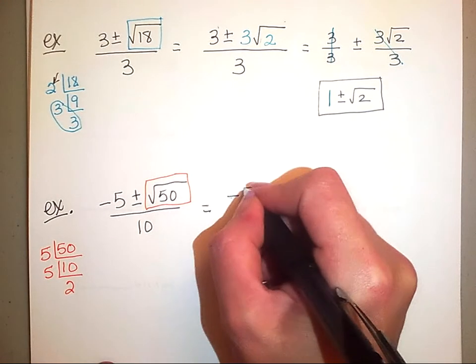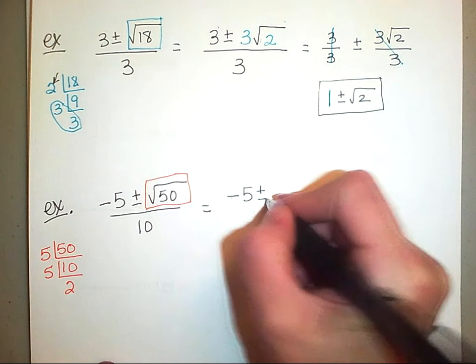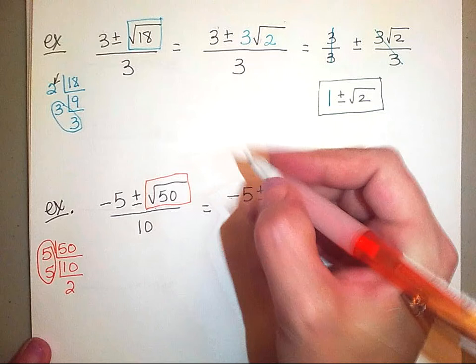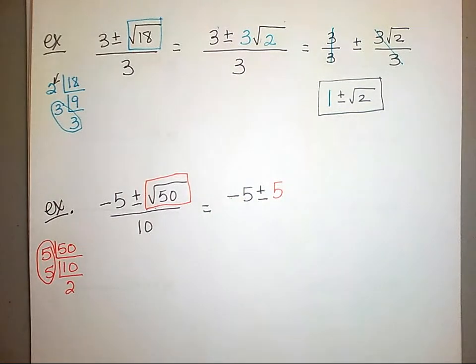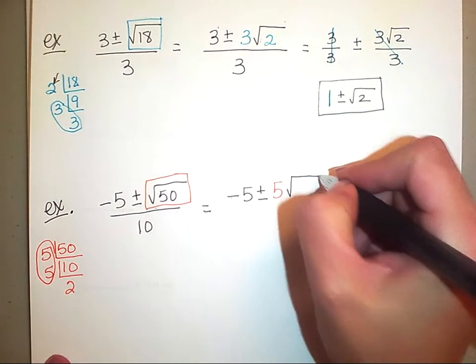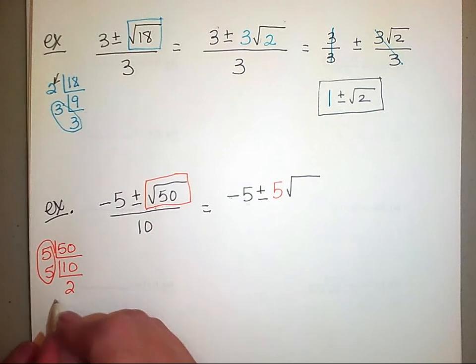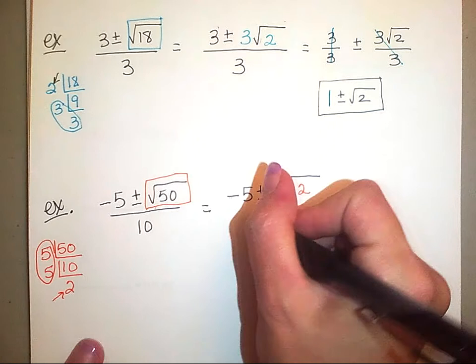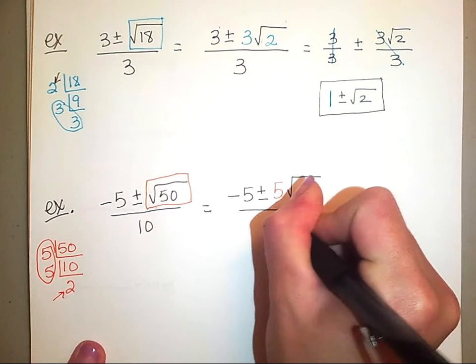So what that means is we could write negative 5 plus or minus the square root of 50. Here's a group of 5s, so I can pull that out. And then underneath the radical, we have to put what's left, which is just this 2. And then we divide it still by 10.